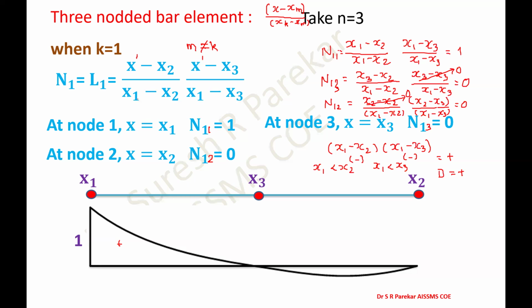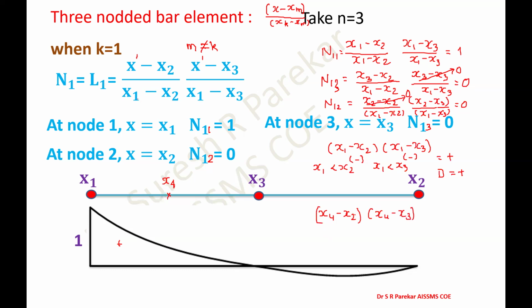Now we will go first with a value in between x1 and x3. So between x1 and x3 we have a value that I will mention as x4. And if I put it over here, what I will get? Now we will talk about numerator only. So we have x4 minus x2, and then we have x4 minus x3.